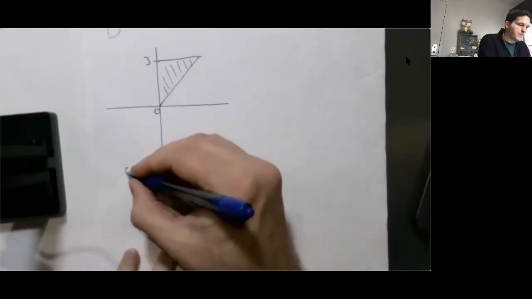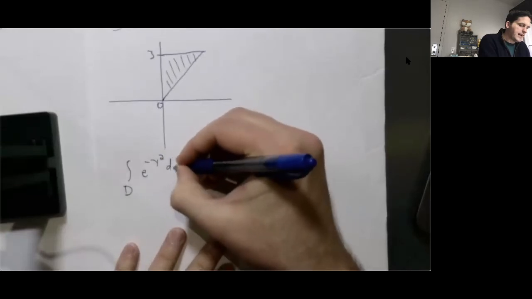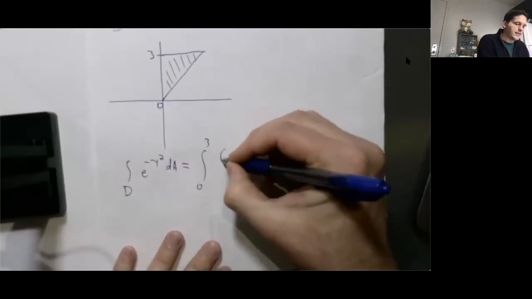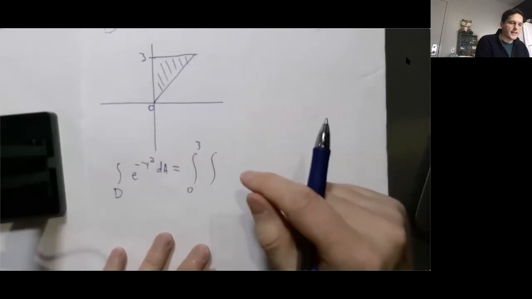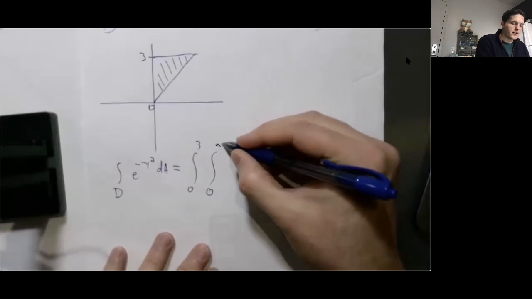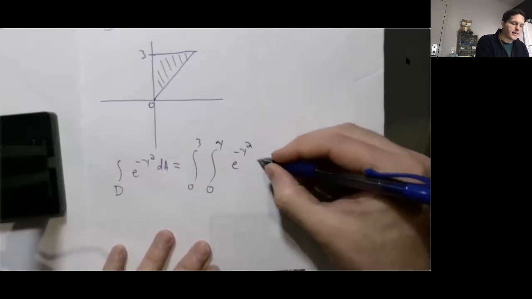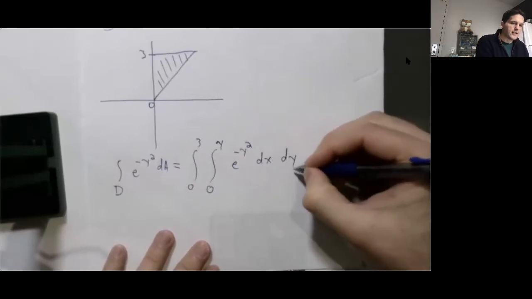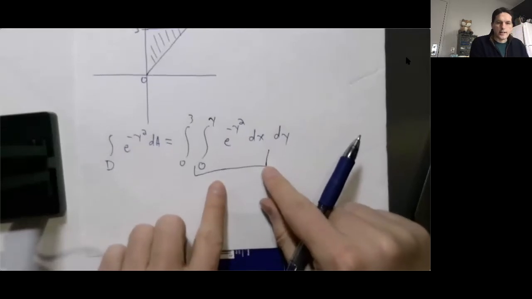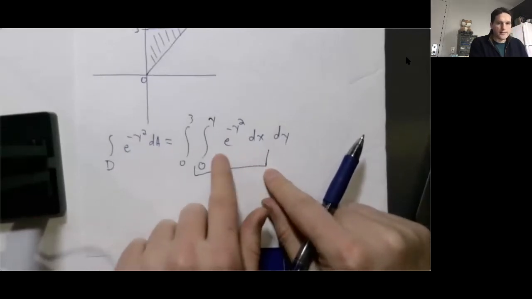According to that formula, the integral over D of e to the minus y squared dA is equal to the integral from 0 to 3 of the integral from 0 to y of e to the minus y squared dx dy. To evaluate this inner integral, we need an antiderivative of e to the minus y squared with respect to x.